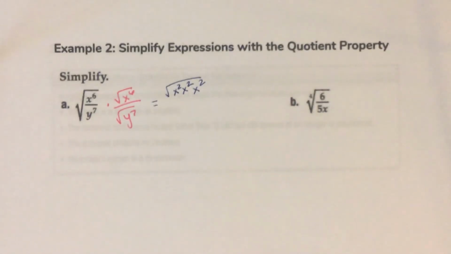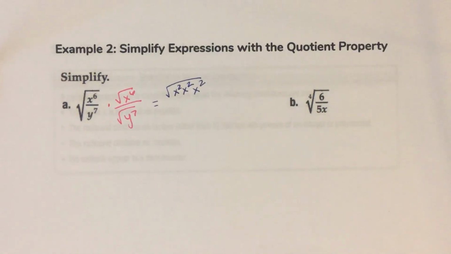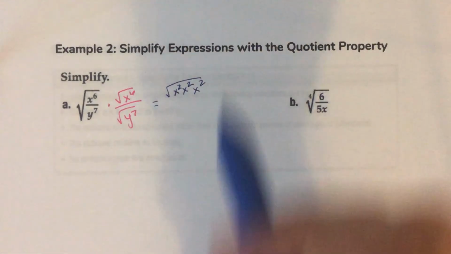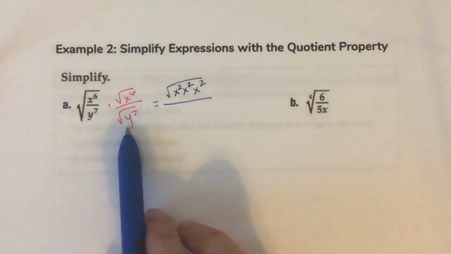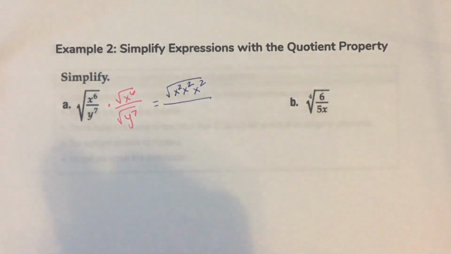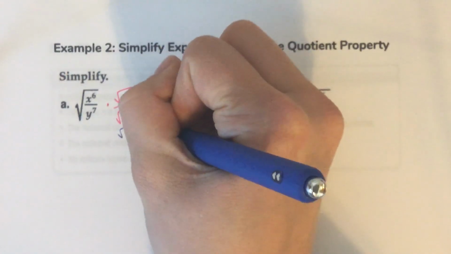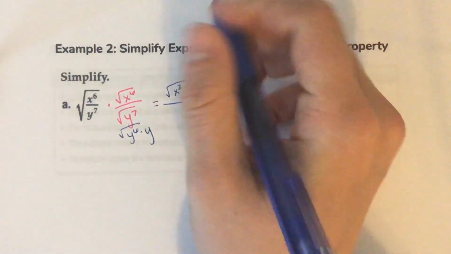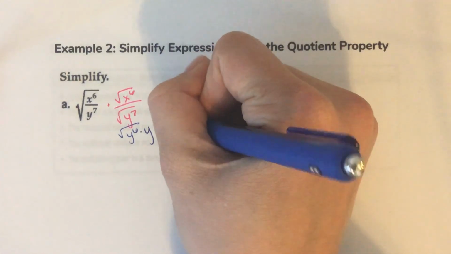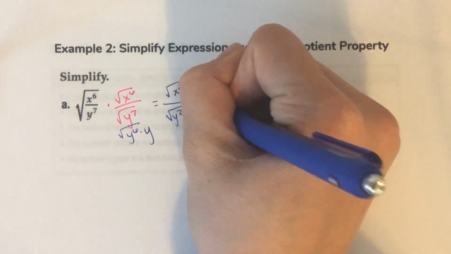So this is going to be x squared times x squared times x squared, because 6 divided by 2 is 3, so I have 3 x squareds there. And then kind of the same idea down here. I can't divide 7 by 2, but I can rewrite this as y to the 6th times y. And then again, 6 divided by 2 is 3, so I have y squared, y squared, y squared, with 1 left over, y.